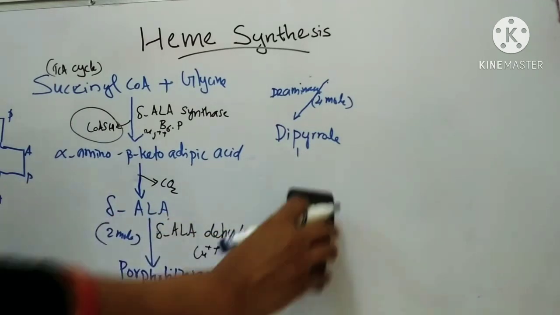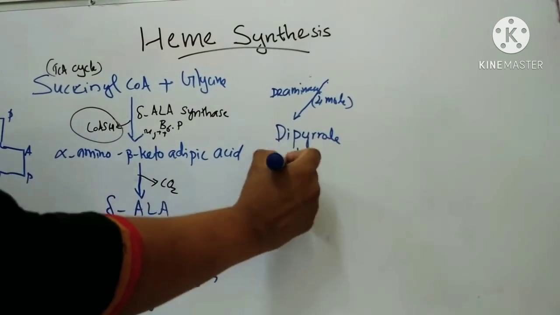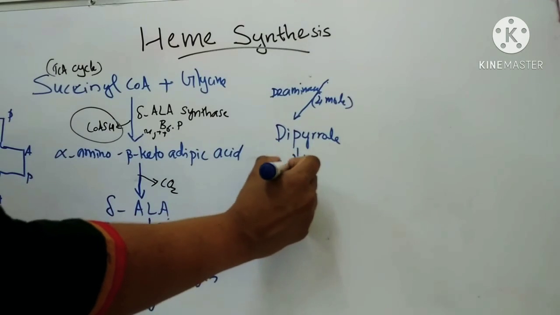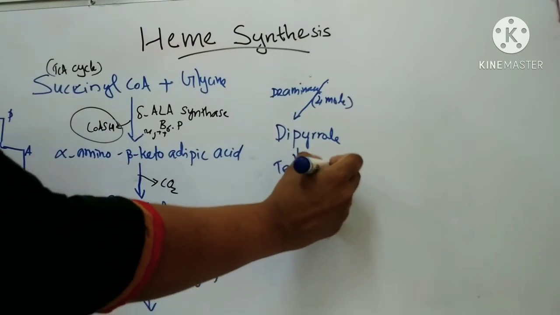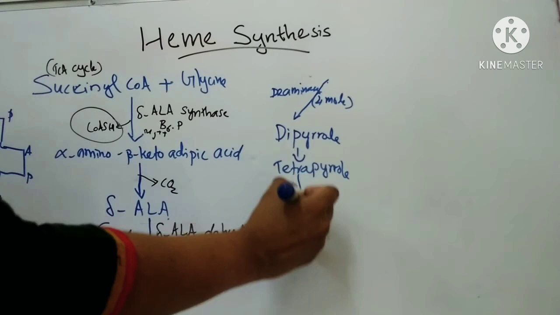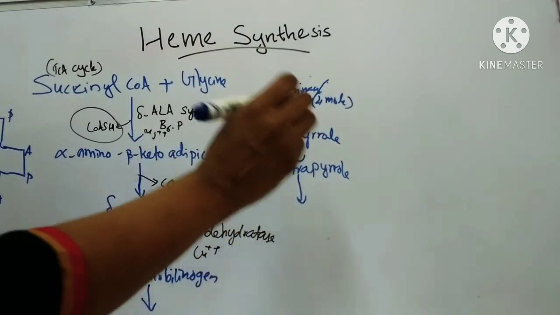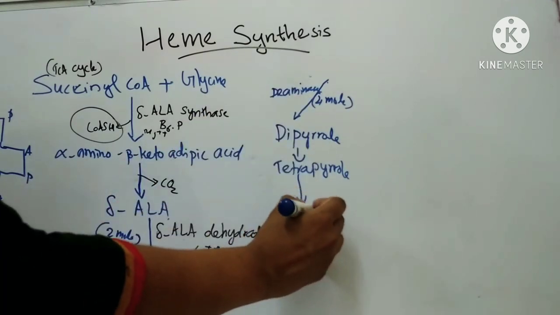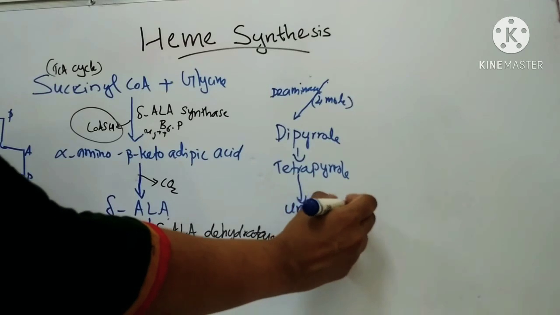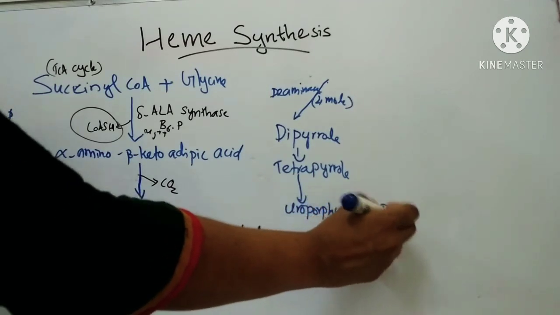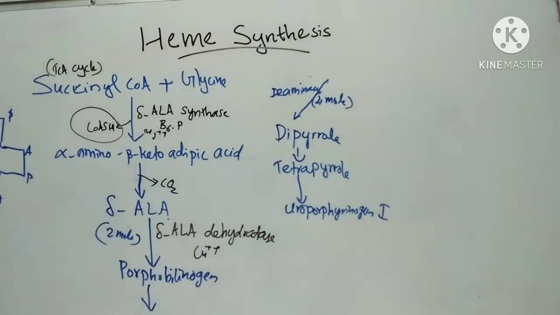So in the formation of uroporphyrinogen, the dipyrroles and tetrapyrroles are formed as intermediates.